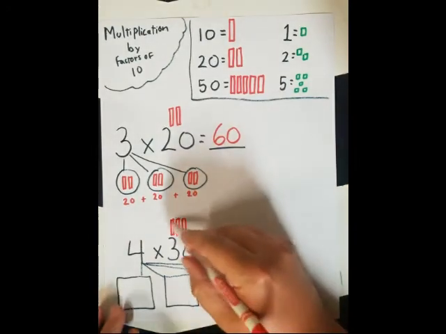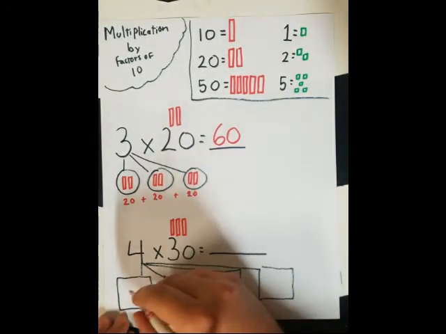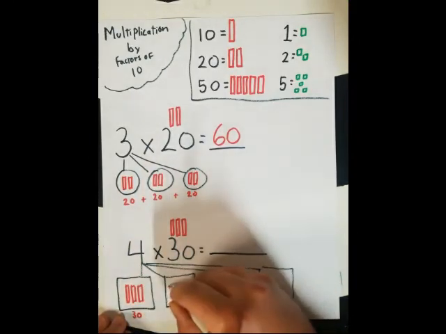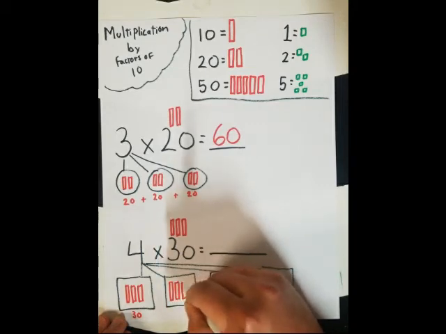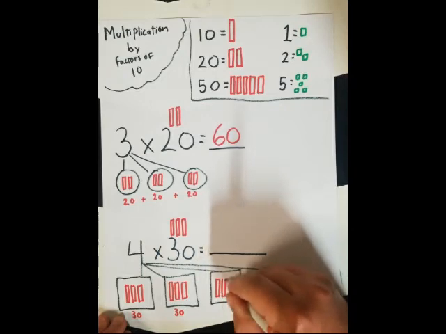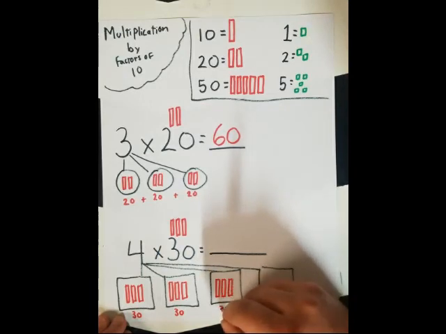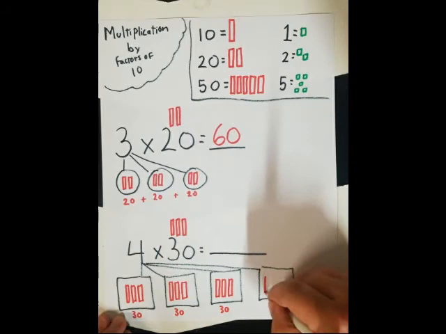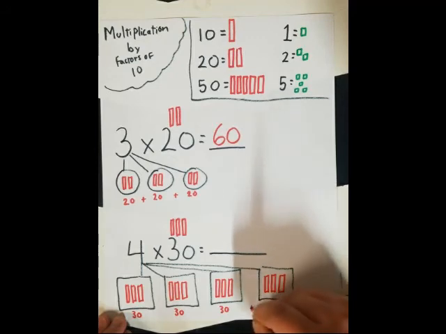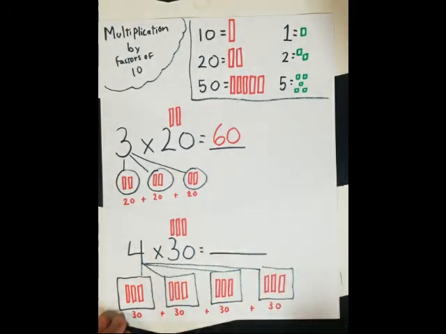And in my groups, you guessed it, I'm going to have 30 in each. 10, 20, 30, in each group. We're adding 30 plus 30 plus 30 plus 30.